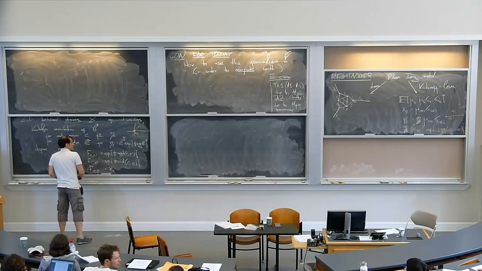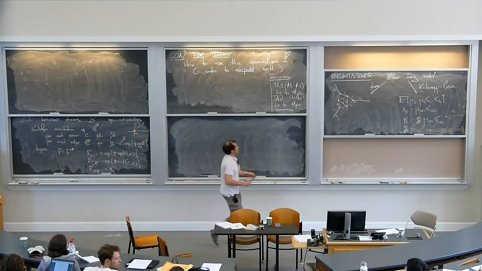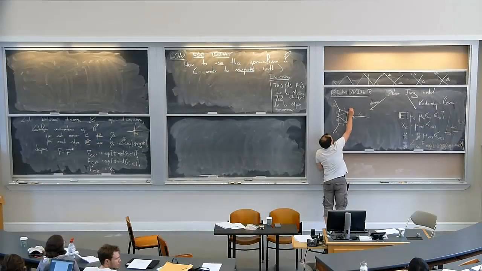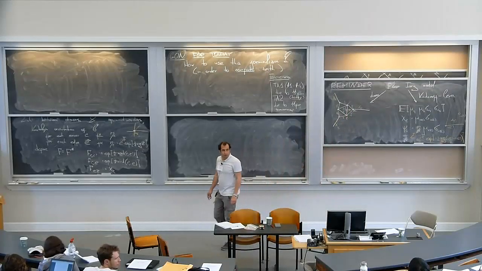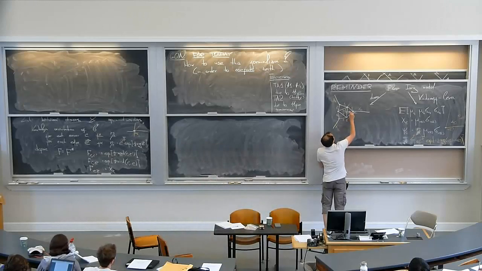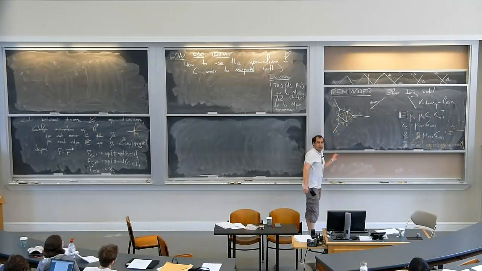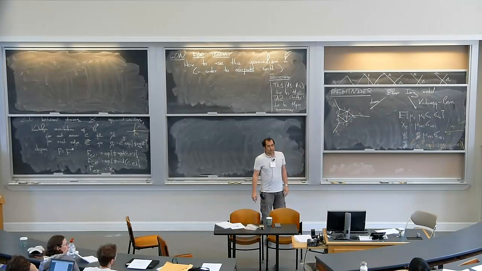You start from C, and you measure this angle. I mean, the rotation you do when you go from C to the edge E. That's C prime, this is C. E is an oriented edge.